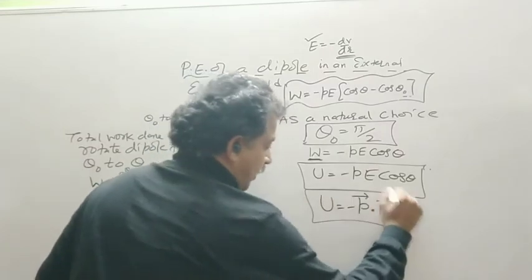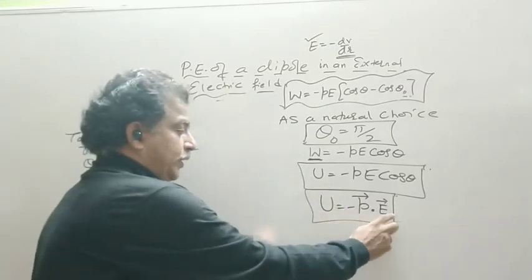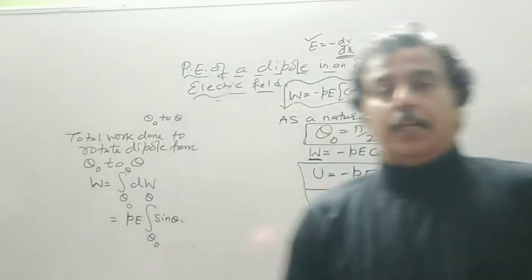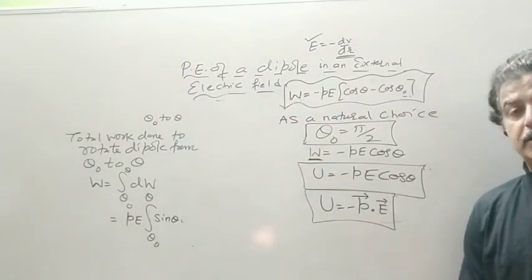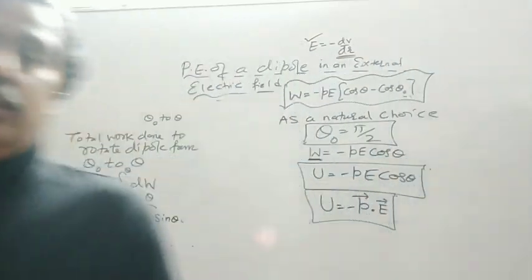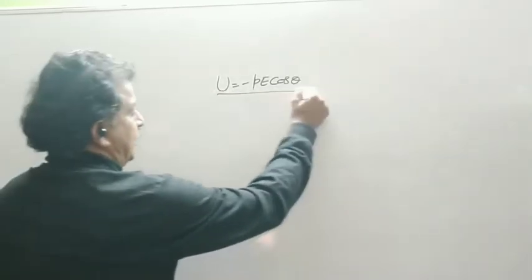So potential energy of a dipole in external electric field is minus P dot E, again the minus sign indicates that the work has to be done against the field. So this is potential energy of a dipole in an external electric field. Now we will discuss the cases about the potential energy of a dipole.